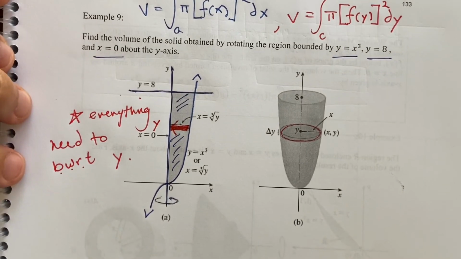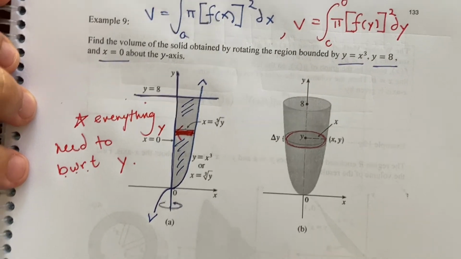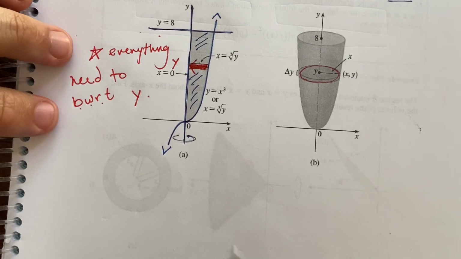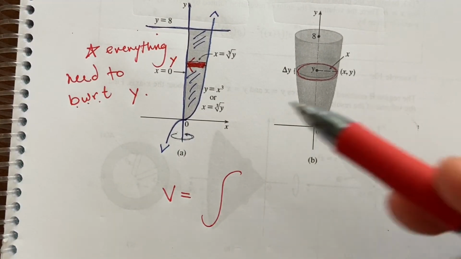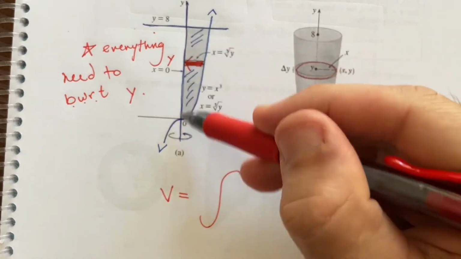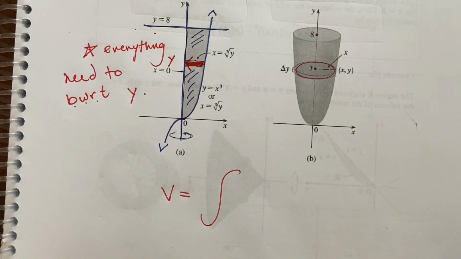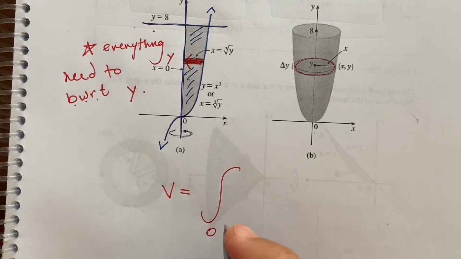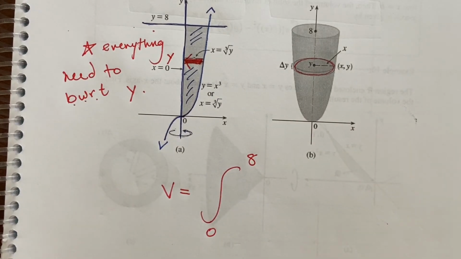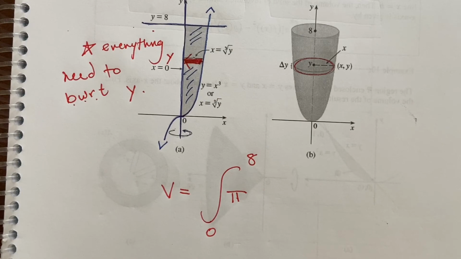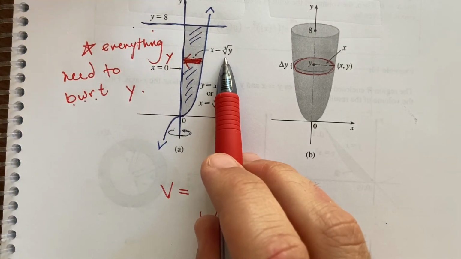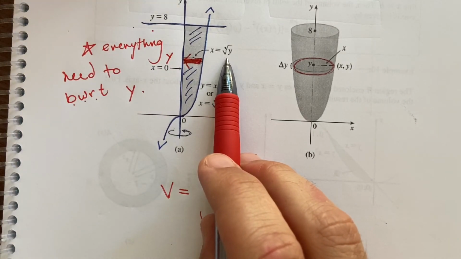I'll go ahead and do that now. So let's write this down. The volume of this: it looks like we'd be integrating in terms of y from 0 to 8. Inside the integral, the integrand would be pi times our function, solved with respect to y.